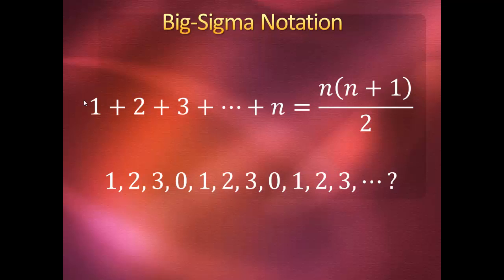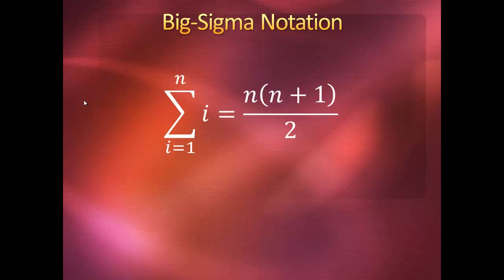In these situations, it's wise to be as explicit as possible and actually specify the particular pattern we have in mind. So the way we commonly do this is to use what's called big sigma notation. We use the Greek letter sigma because it's their letter S, which in English stands for sum.